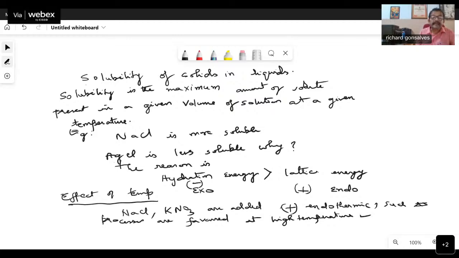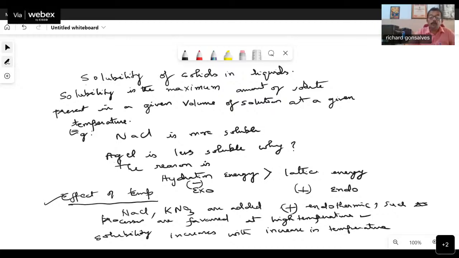Therefore, solubility increases with increase in temperature. I will write here: solubility increases with increase in temperature for such salts.